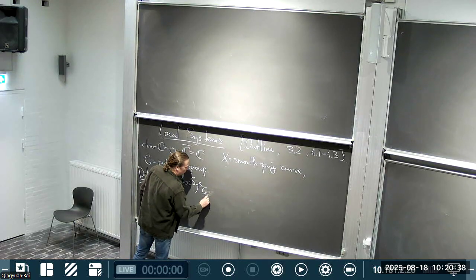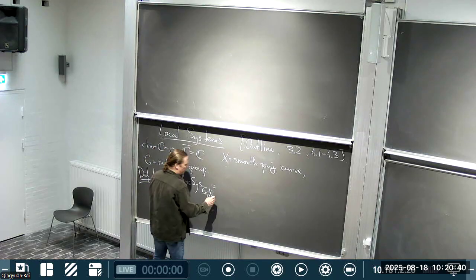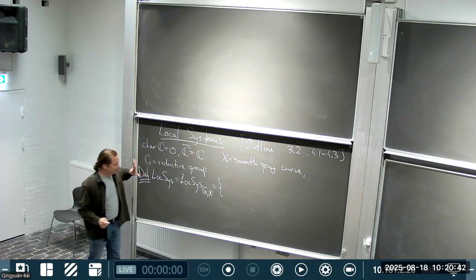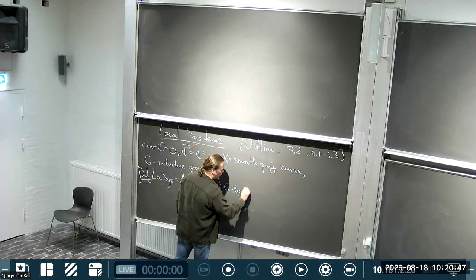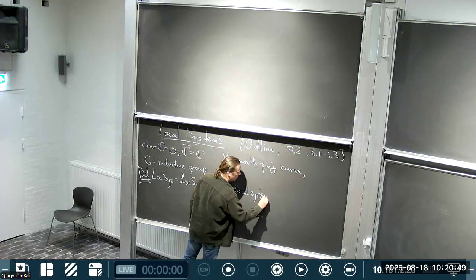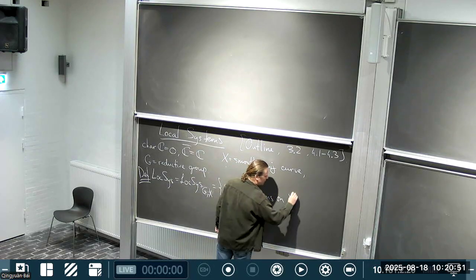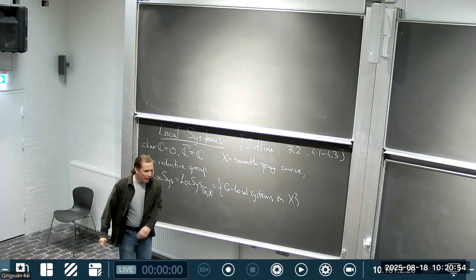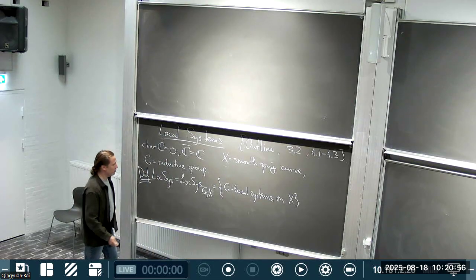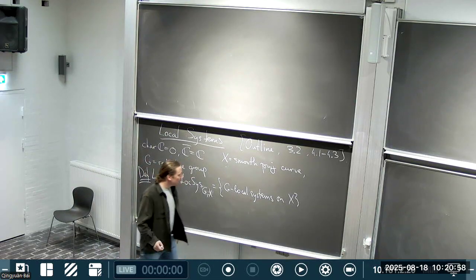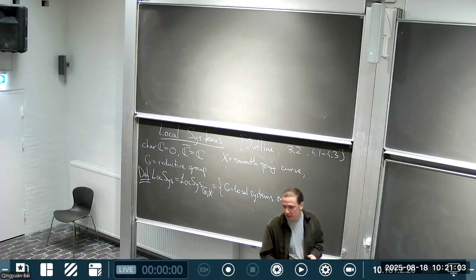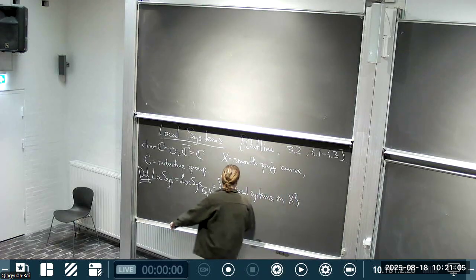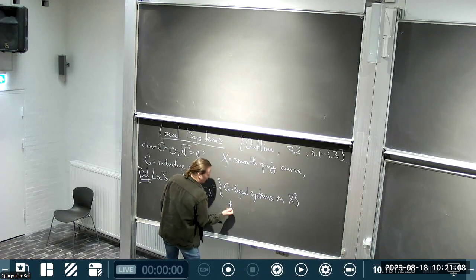So this is going to be the moduli stack of G local systems on X. And I'm going to fill in the details of the definition. First of all, when I say local systems, this can mean many different things. Technically, what I consider would be called the de Rham local system.